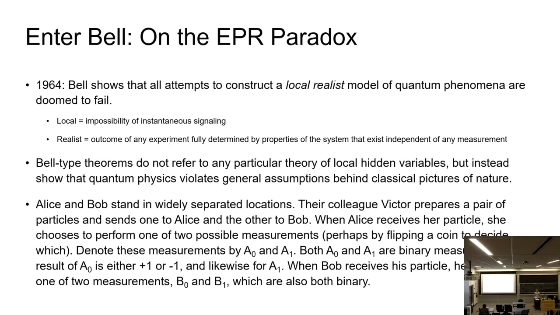And she denotes these measurements by A0 and A1. And both A0 and A1 are binary measurements. So the result of A0 is either plus or minus 1, and the result of A1 is also either plus or minus 1. And when Bob receives his particle, he chooses one of the two measurements, B0 and B1, again, which are both binary. So simple setup.